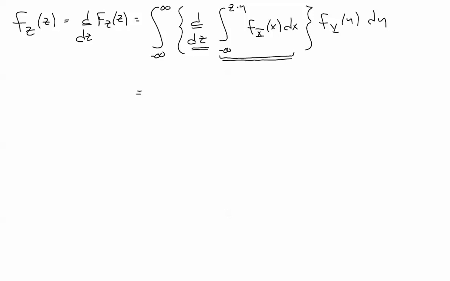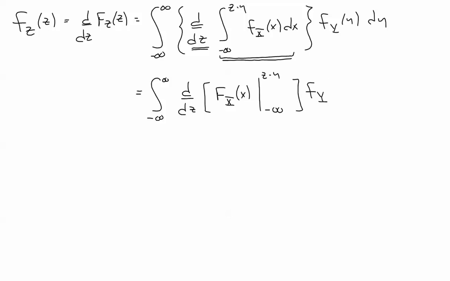This then becomes negative infinity to plus infinity, derivative with respect to z of, all right. So when I integrate a probability density function, I get a cumulative distribution function. All right.